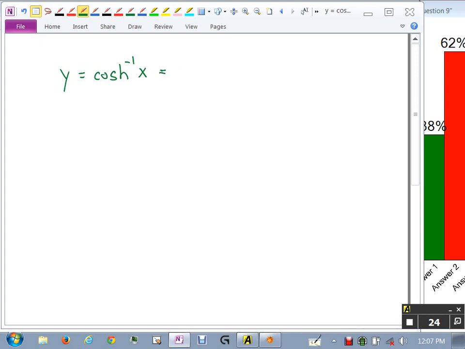All you have to do is take the definition of the hyperbolic inverse cosine, which is this. That's the definition of hyperbolic cosine inverse, yes? That's what I said the definition of it was. Now, take its derivative. So the derivative of this would be the derivative of the natural log of something. What's the derivative of natural log of something? 1 over that something?